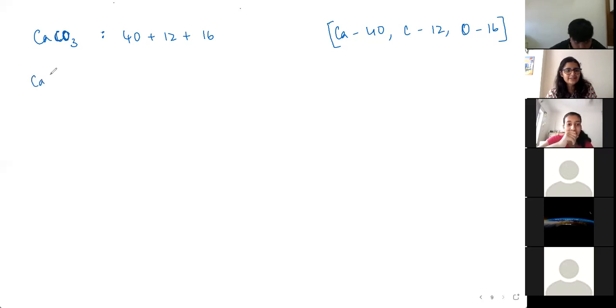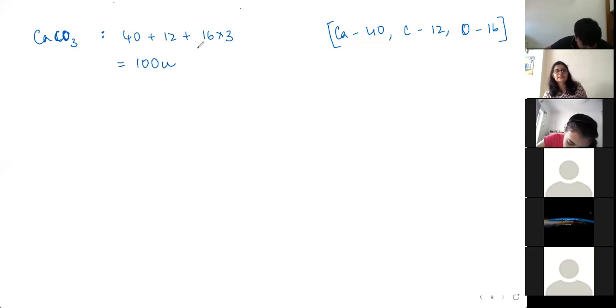Oh, I didn't write CaCO taken thrice. If there is no bracket, it means 3 is only for oxygen. So carbon is one, oxygen is 3. So this you should get. This is the answer.